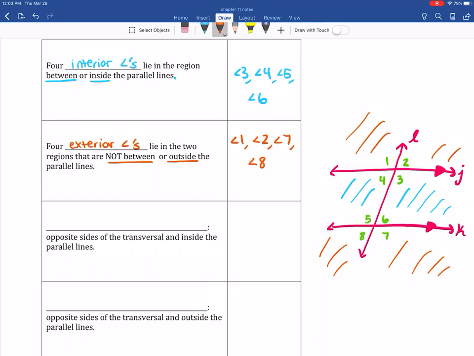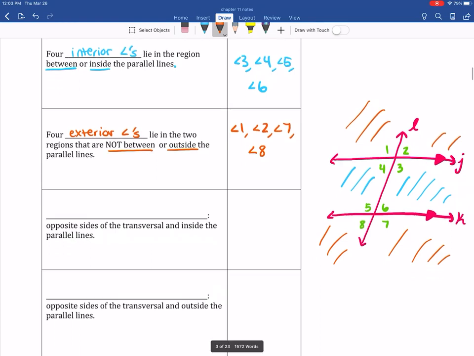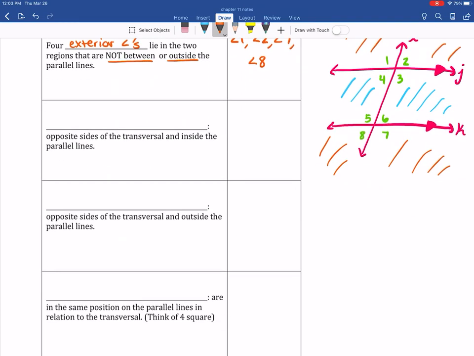So once you've determined which ones are inside and which ones are outside, we have 3 different types of pairs that we can make with them. The first one is called alternate interior angles.